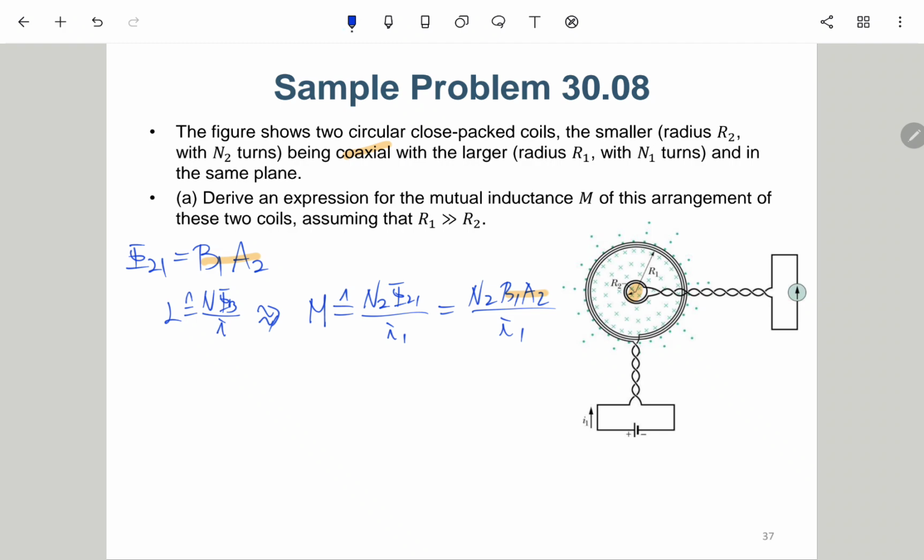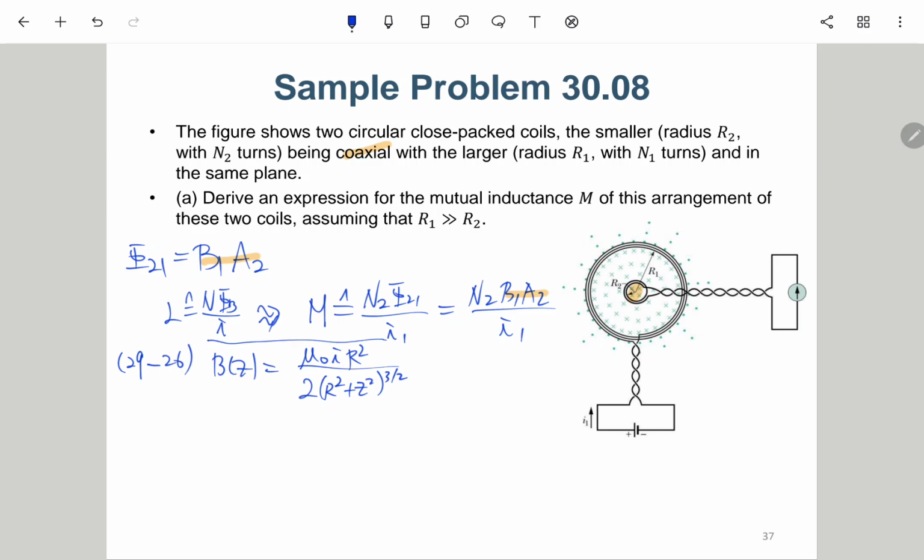Okay, and in chapter 29, equation 29 and then 26, we have an equation like this: Bz equals mu 0 I R square over 2 times R square plus z square to the 3 over 2 power. So this is actually the B field generated by the magnetic dipole on the z-axis.